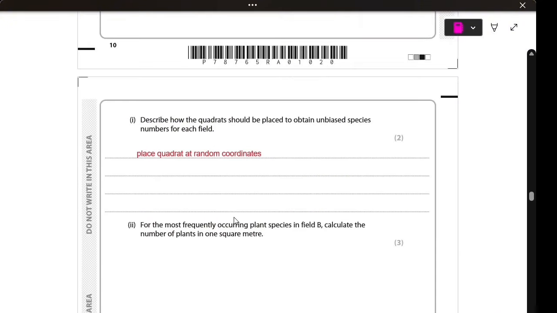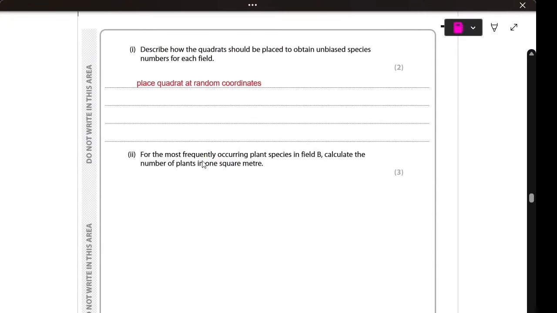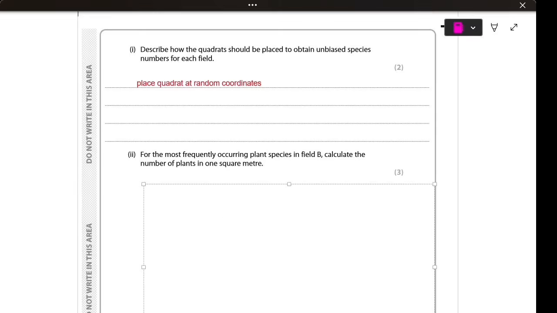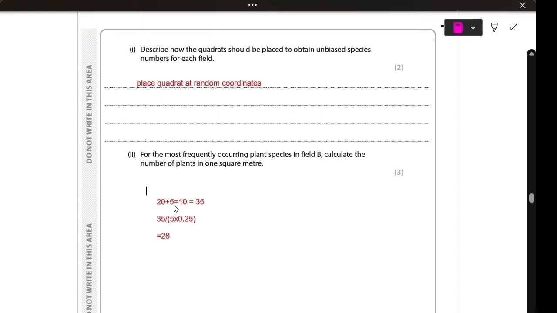That way we will get the number of plants, or common sorrel, in 1 meter square. So that's what we did here: the total number of common sorrels divided by the total area, to give us how many plants were there in 1 meter square of area.